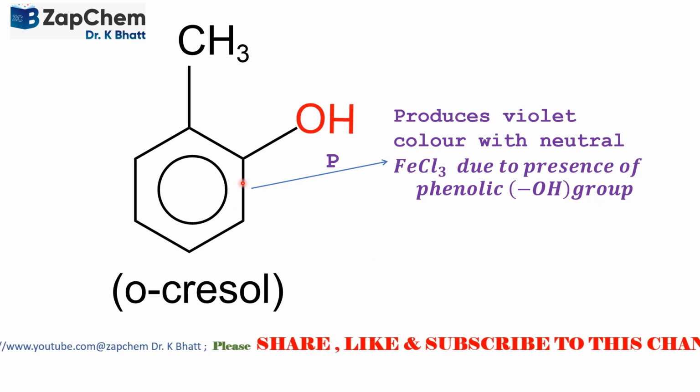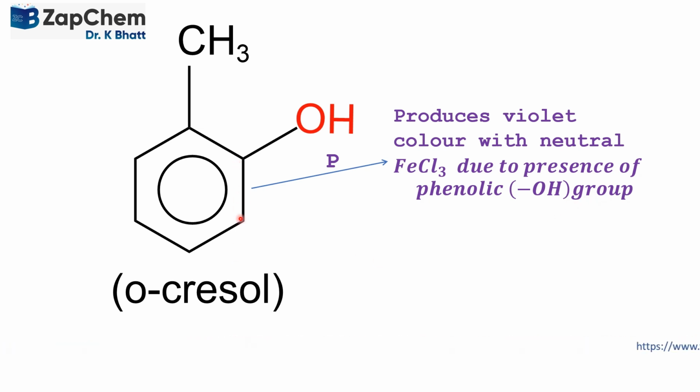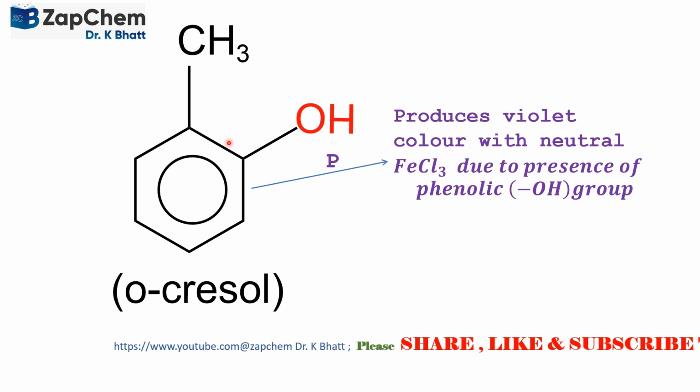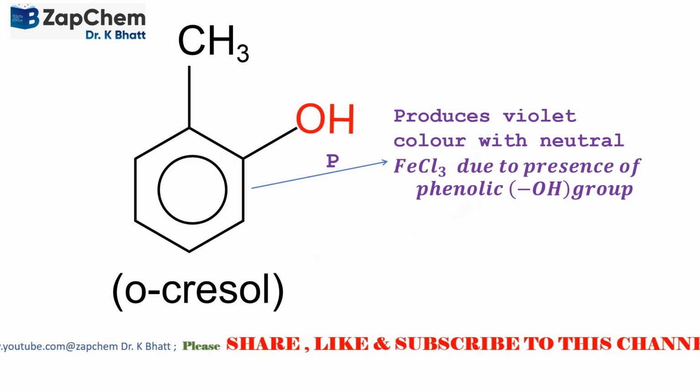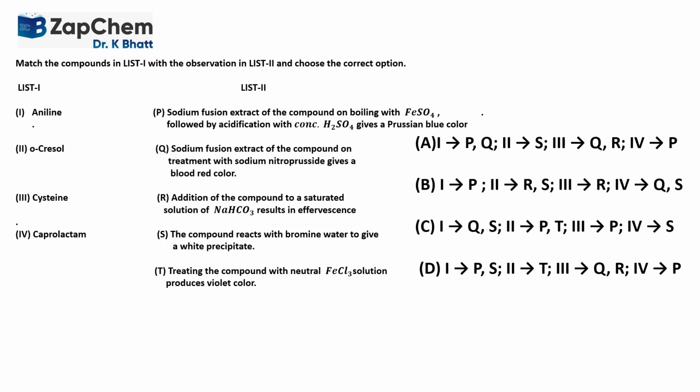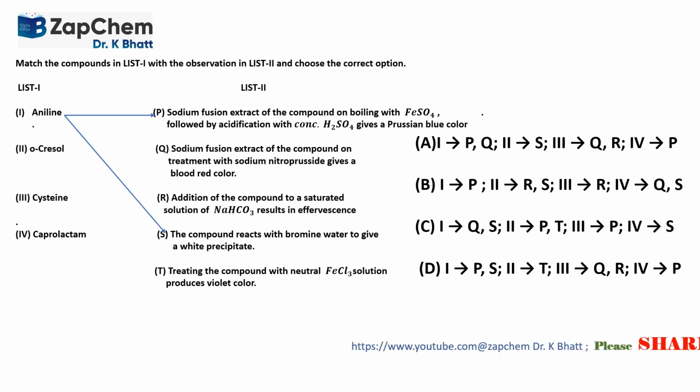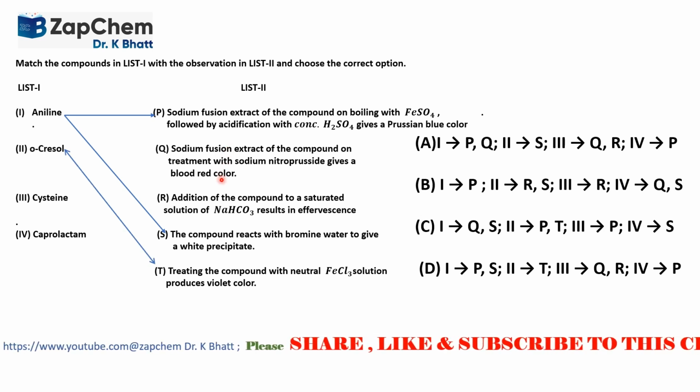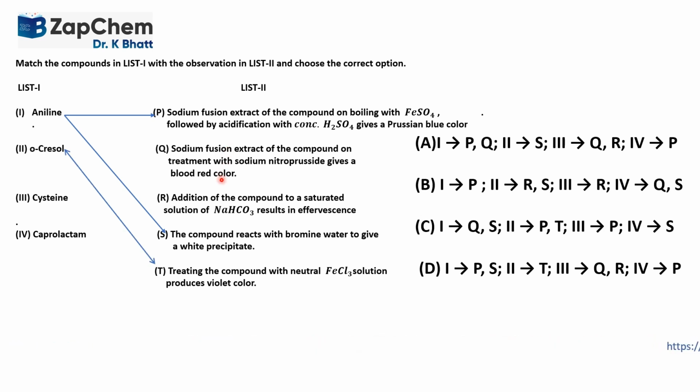So this way all the properties, or all the analytical results or observations, are matched with the compounds given here. And therefore now we can sum it up as this. Aniline matches with P and also S. Orthocresol matches with T, treating the compound with ferric chloride solution produces a violet color.